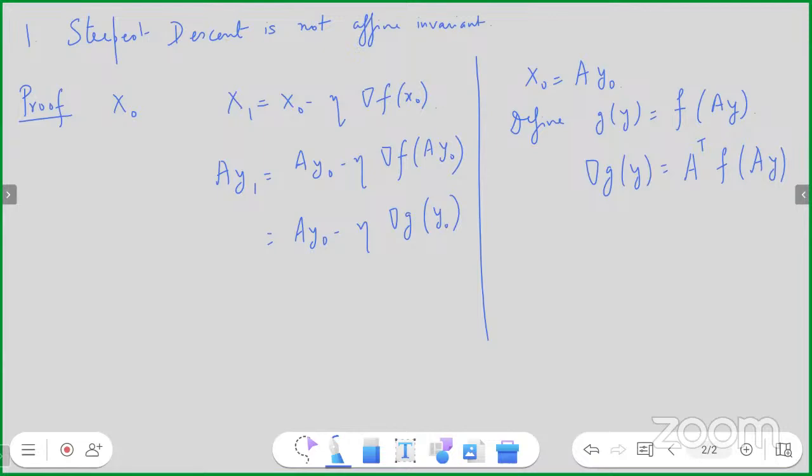Sorry, transpose inverse. But using this, I can also write this as AY0 minus eta A gradient G of y0.